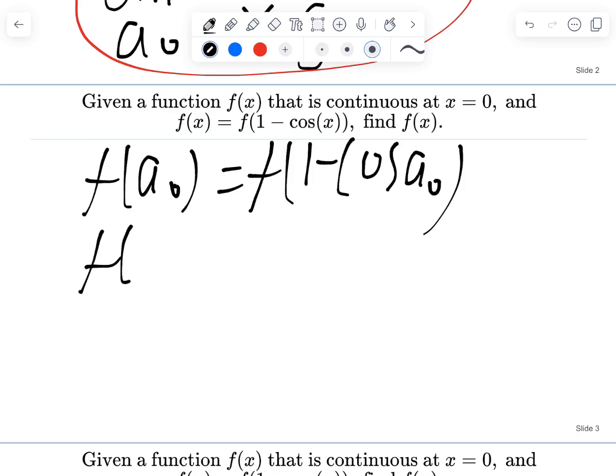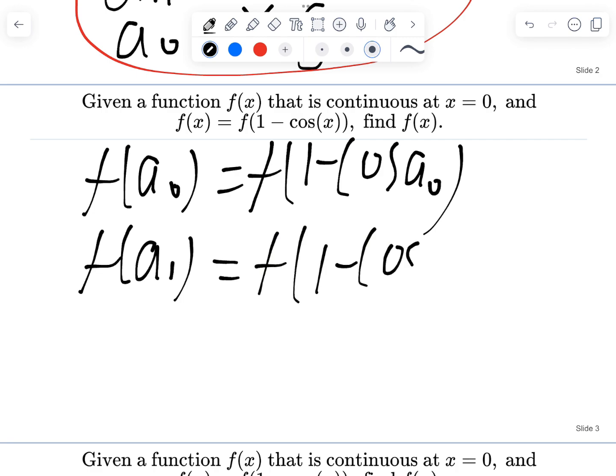It is a sub 1, so f(a sub 1) also equals f(1 minus cosine a sub 0).